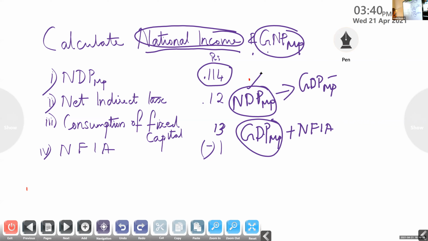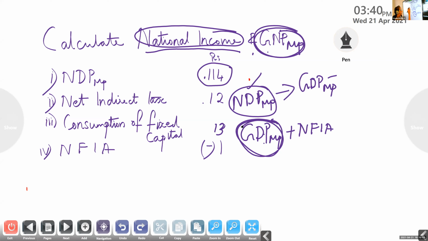Once more I will tell you. We have to find out GNP MP. The formula to find GNP MP is GDP MP plus NFIA. Now this GDP MP they have not given to us directly. What they have given is NDP MP.